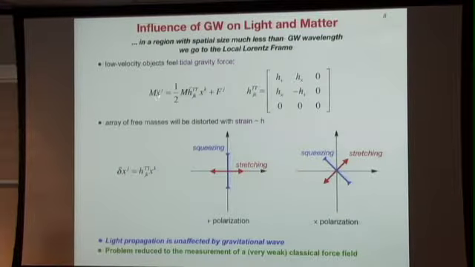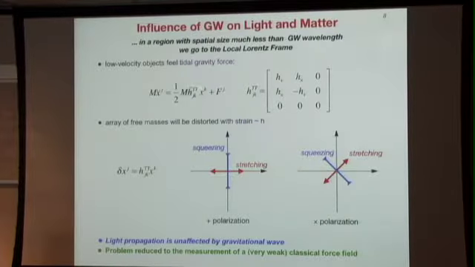Basically, for any object whose location is at x, the mass times the acceleration is equal to 1/2 the mass times the h matrix times the location, plus any other non-gravitational force. And therefore, the effective gravitational wave is just like a tidal force.